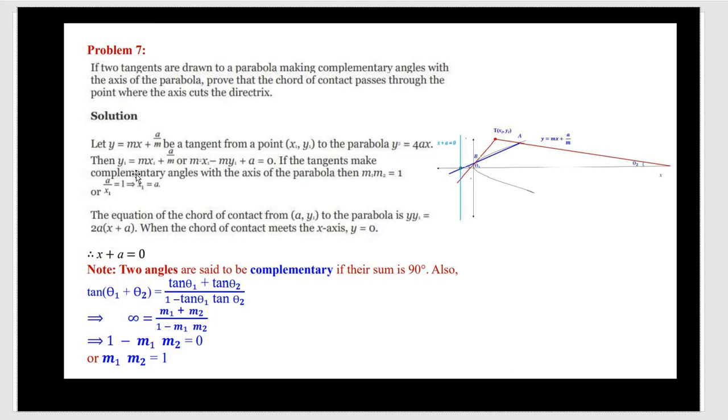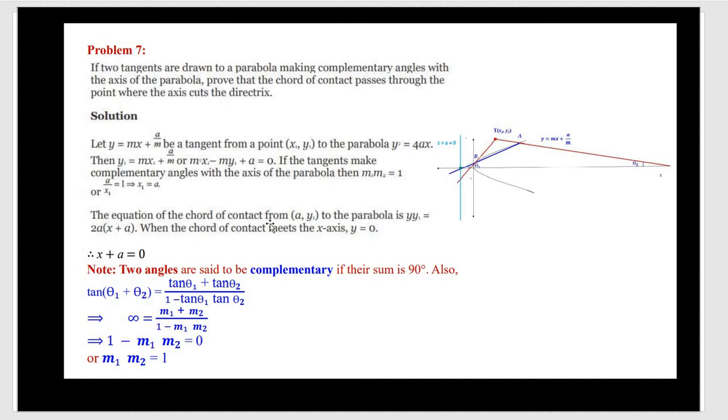Now if the tangents make complementary angles with the axis of the parabola, m1 m2 is equal to 1. But in the quadratic, when we find the product m1 m2, you get it as a by x1. So a by x1 is 1. That implies that x1 is equal to a.